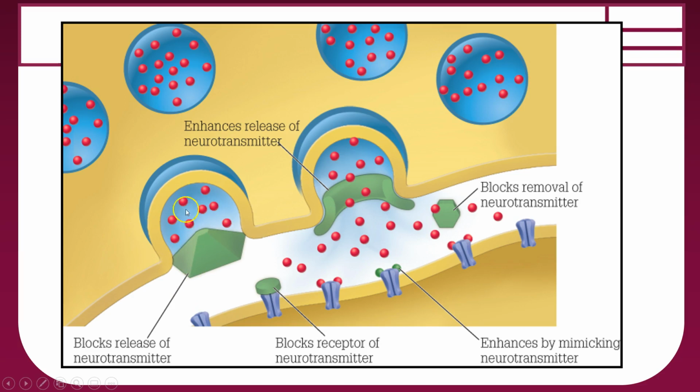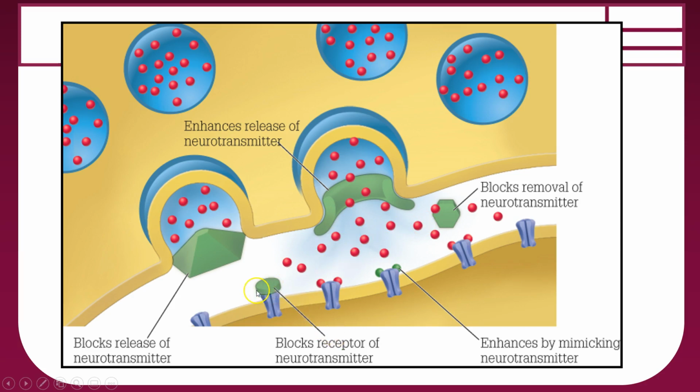So instead of allowing neurotransmitters to be released, those neurotransmitters are blocked by the drug. It could block the removal of the neurotransmitter in the synapse. Remember, we talked about reuptake, that once neurotransmitter is released, we need to clean up that synapse, and we have that process of reuptake. Well, a drug could block the removal of the neurotransmitter, which would lead to more neurotransmitter in the synapse.